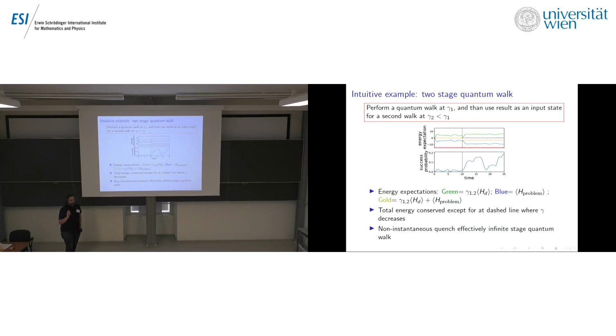But first, let me give some examples of how this works and some motivation for this mechanism. So if we think of a simple example of just two Trotter steps, so I do a quantum walk, change my parameters, do another quantum walk, what I can see is, indeed, like I had before, the expectation of my problem Hamiltonian goes down, the expectation of my driver Hamiltonian goes up, energy expectation.